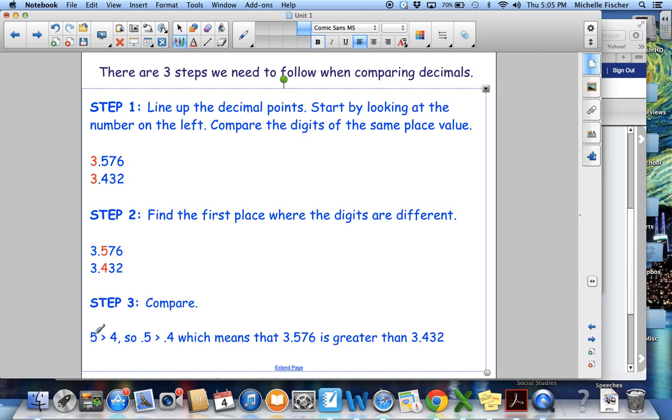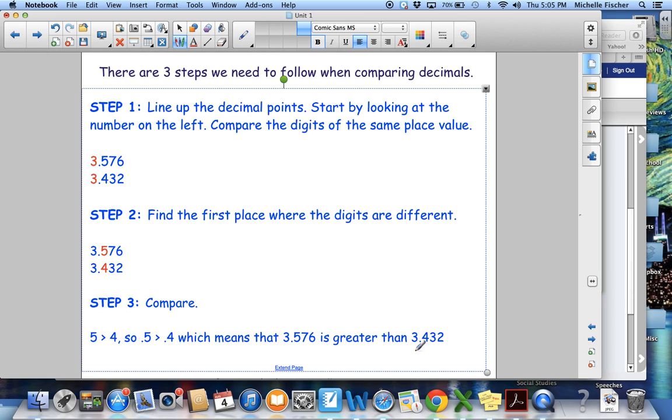We know that 5 is greater than 4. 5 is obviously a bigger number than 4, so that means that 5 tenths is going to be greater than 4 tenths, which is the value of these 2 numbers highlighted in red here. Which also means that 3 and 576 thousandths, our first number, is greater than 3 and 432 thousandths.